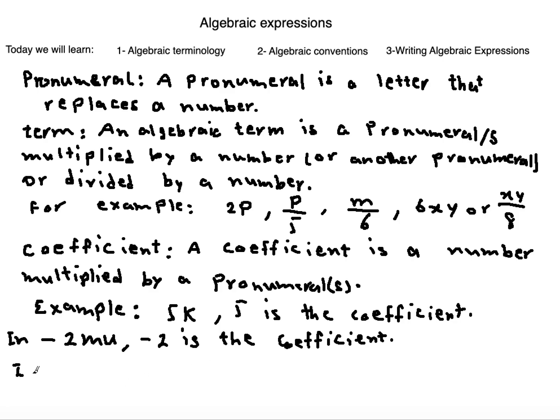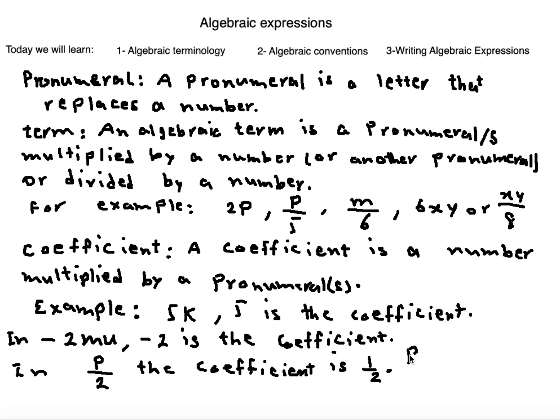In, say, p over 2, what's the coefficient? Here the coefficient is half. Why?